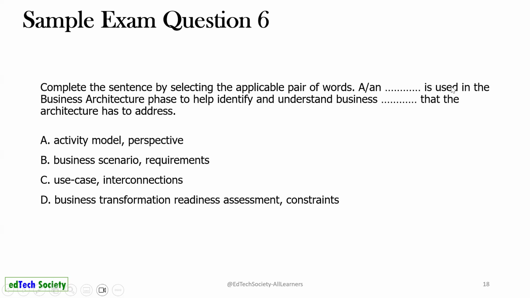Yeah, business scenario is used in the business architecture to identify and understand business requirements, possibly. C is use case, interconnections. I don't think so. Option D, business transformation readiness assessment, and constraints. No, this is the name of a technique again, so I don't think it fits here. So the best suitable option should be option B, business scenario and requirements.